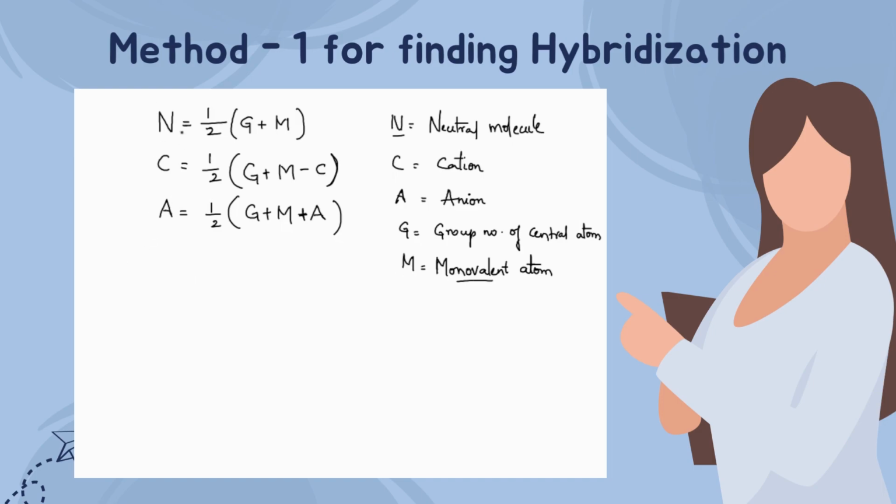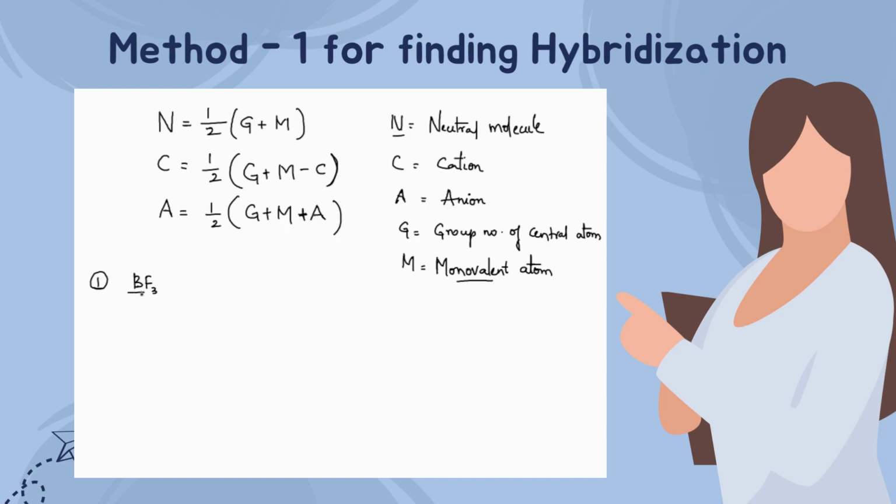So let us use these formulas and calculate for different examples. Let us look at the first example of a neutral molecule. Let's take one simple example like BF3. The first thing you need to do is find the central atom. Among boron and fluorine, the central atom is boron.